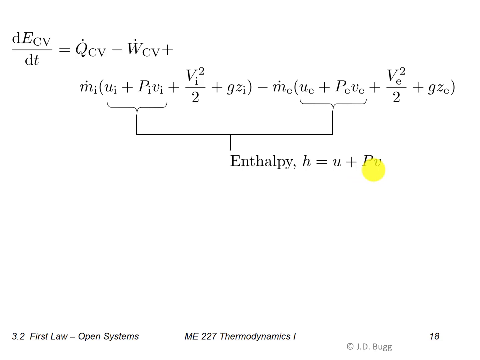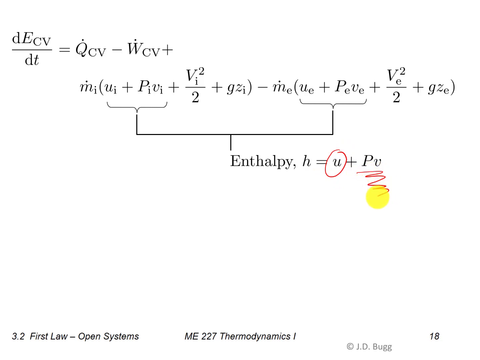But now that we've arrived at enthalpy by developing a conservation equation for open systems, we see physically exactly what enthalpy is. What is enthalpy? Enthalpy is internal energy plus the flow work.